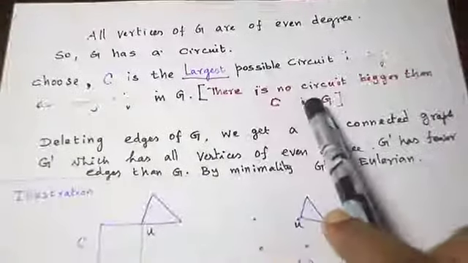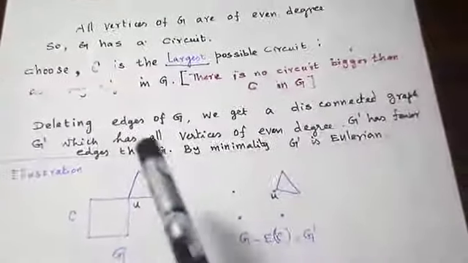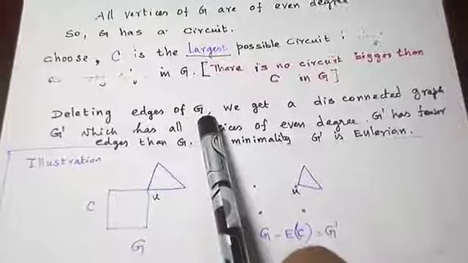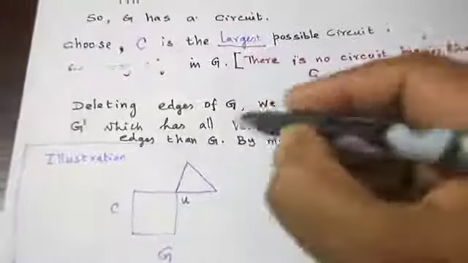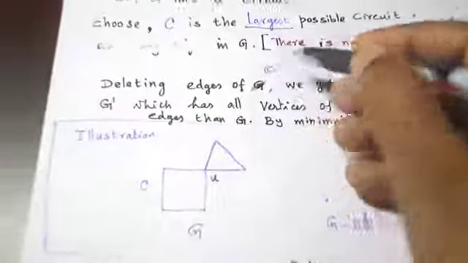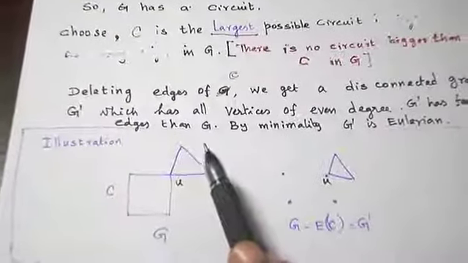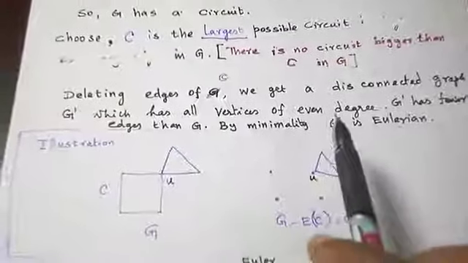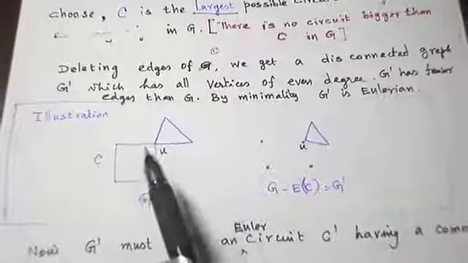There is no circuit bigger than C in the graph G. Now I am going to delete the edges of C, not G, edges of C. If I delete them from the graph, then I will get a new graph G dash, that is G minus the deleted edges of the circuit.